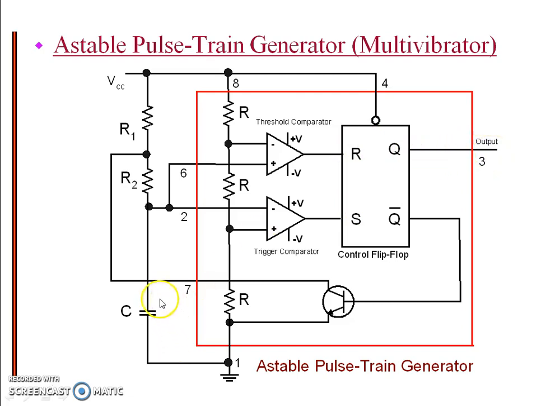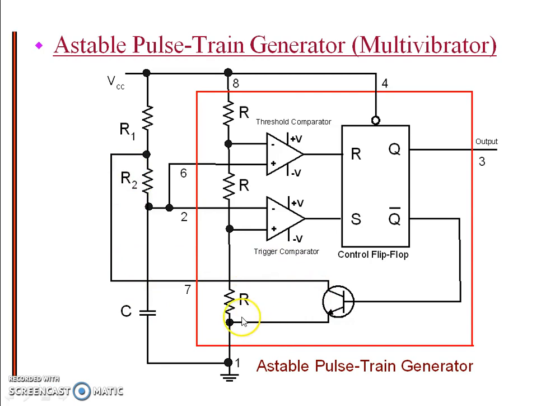After 2/3 VCC, the capacitor chooses this particular path through R2 and starts discharging. That is, the charging path involves VCC, R1, R2 and C, and the discharging path involves C and R2.